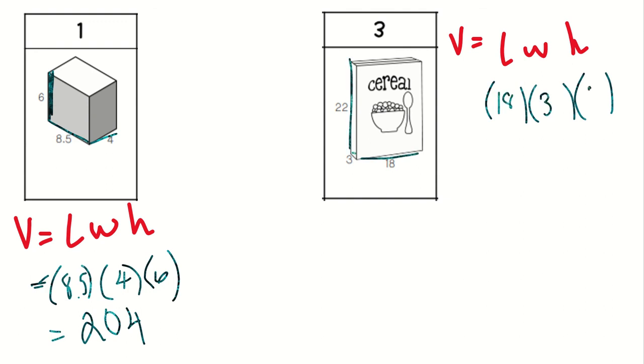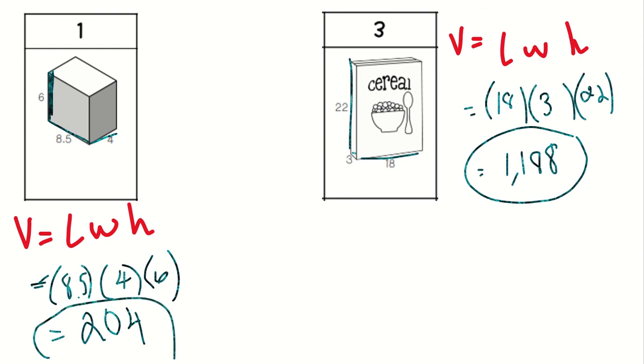Height of the box, 22. And multiply. 18 times 3 times 22 is 1,188. Again, no units on this one. What does volume mean? Again, we're getting this random number. It means that's how much you can fit inside of the box. It's all of the space on the inside.